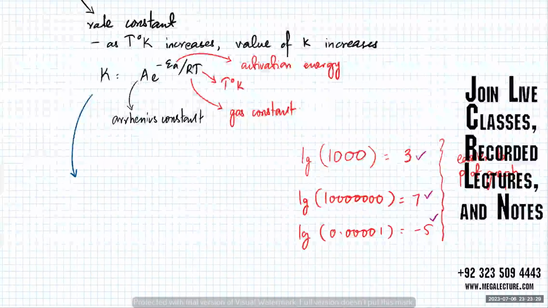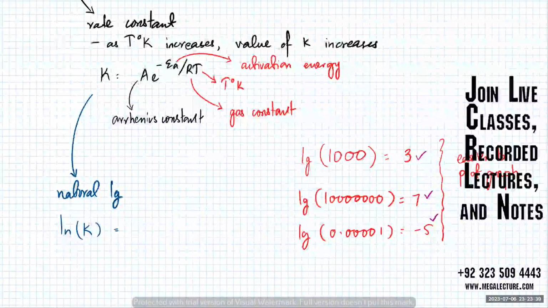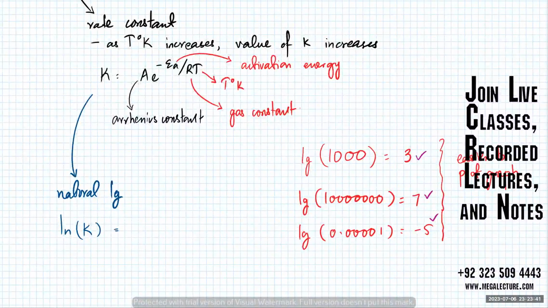So that's ln. Take the natural log. So it's going to give you ln k. On the other side, it's going to give you ln of A e to the minus Ea over RT, right?